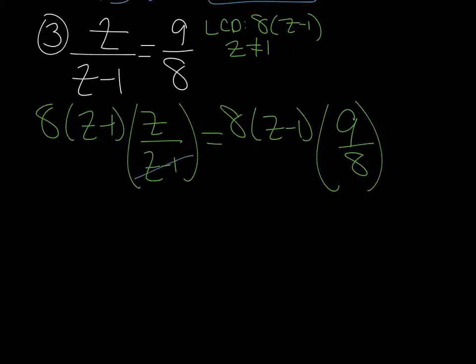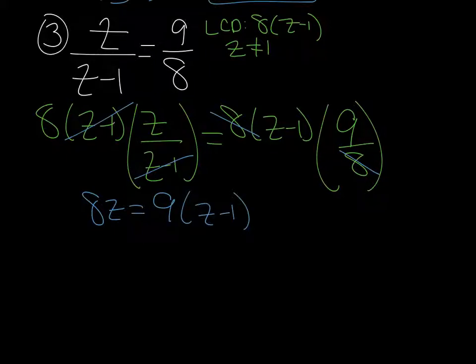So this z minus 1 and that z minus 1, those cancel, okay? And I'm left with 8 times z. And then over here, this 8 will cancel out with that 8. And I'm left with 9 times the quantity z minus 1, okay? And then we'd have to distribute the 9, get 9z minus 9.